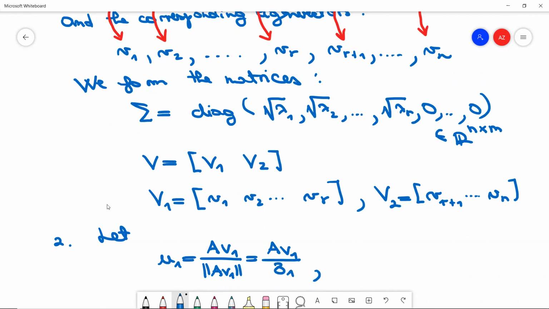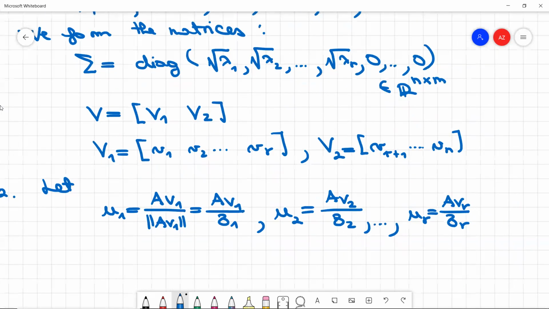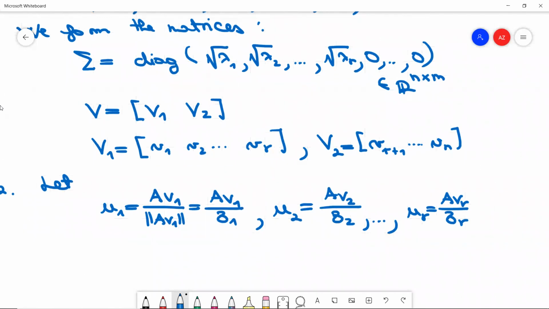And we do this also for the other i. So U2 is A V2 over sigma 2 and so on. UR is A VR over sigma R. So these are the left singular vectors corresponding to non-zero singular values.